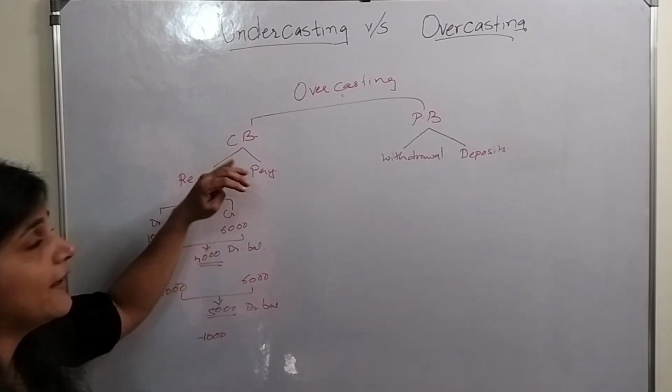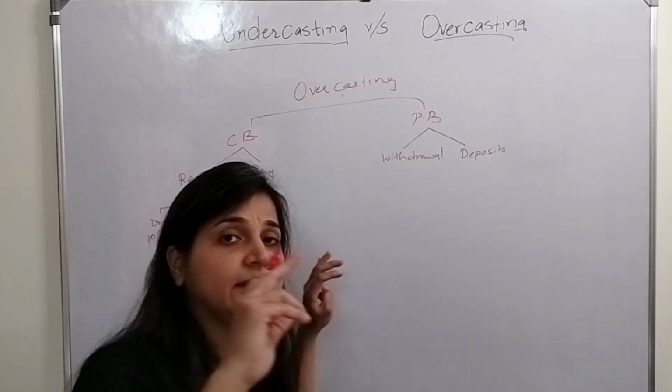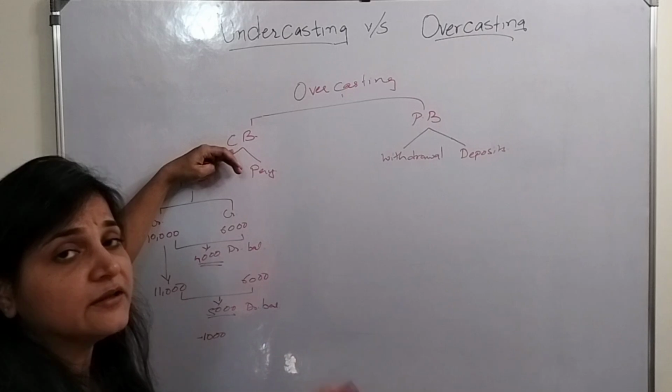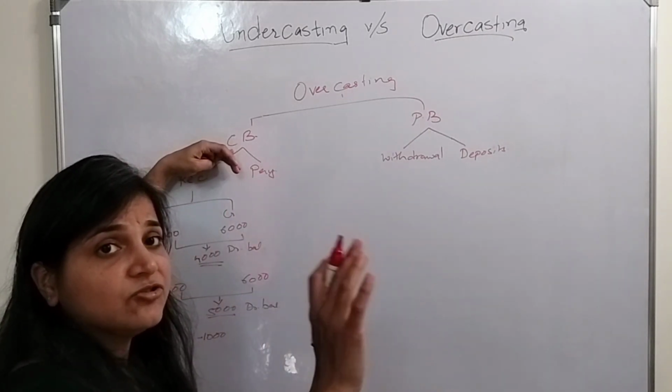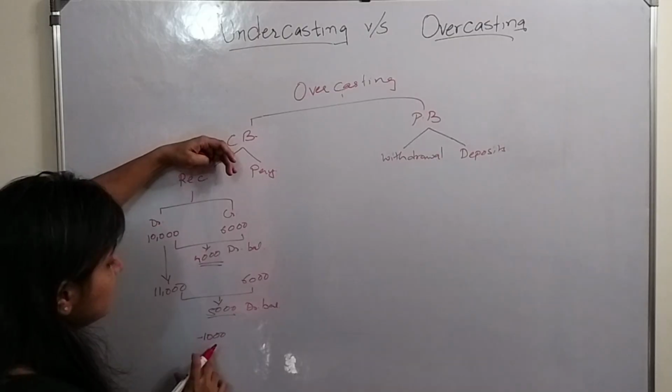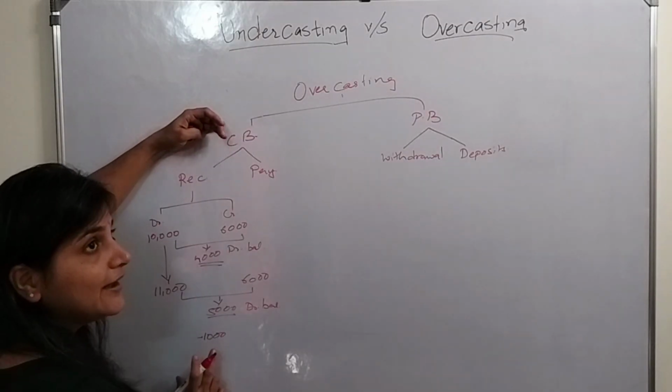If the cash book balance is given and you have to reconcile it with the passbook, and the cash book balance is overcasted on the receipt side by rupees 1,000, I need to deduct it.